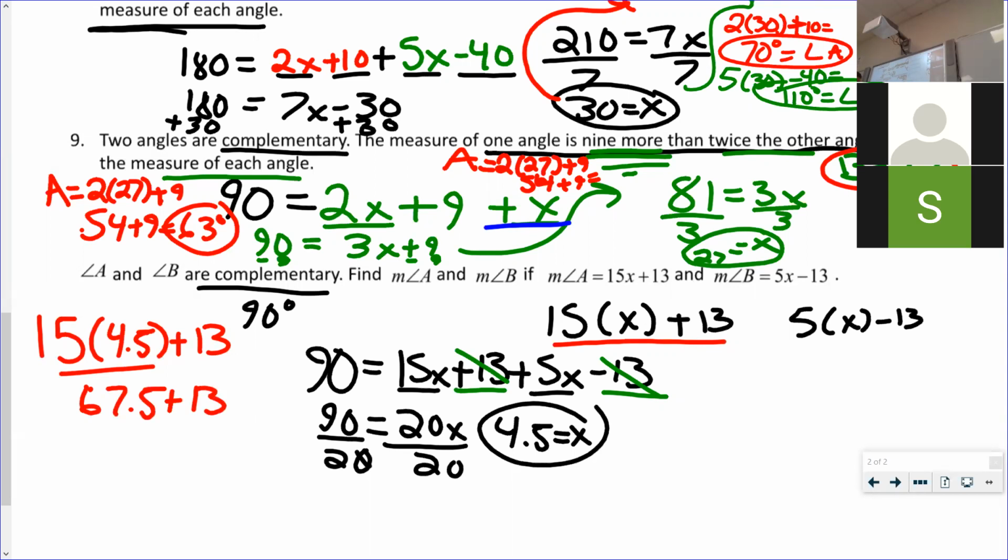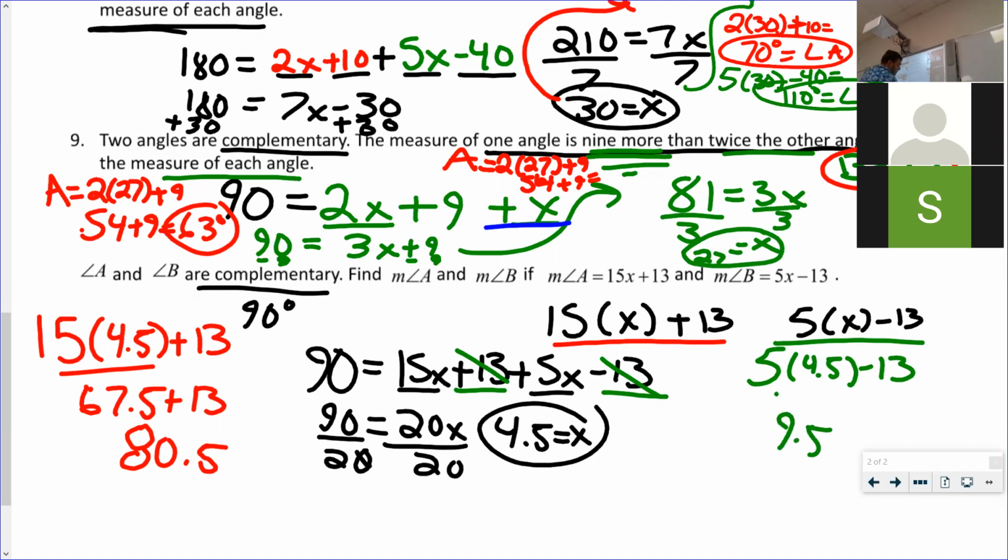So that's going to be 80 and a half. And then the other one is going to be 5 times 4.5 minus 13. 5 times 4.5 is 22.5, and the end result is 9.5. And look, 9.5 plus 80.5 adds up to 90.